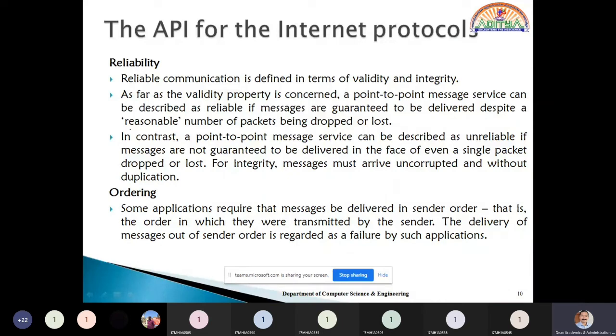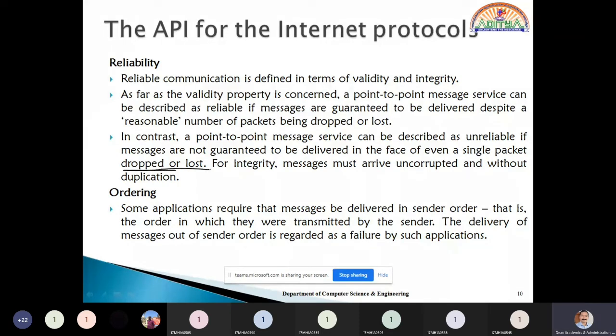When you are making a point-to-point message passing, there should not be any loss or drop of messages. Then you will say that the particular communication is reliable. We will say that it is unreliable if messages are not guaranteed to be delivered in the face of even a single packet dropped or lost.